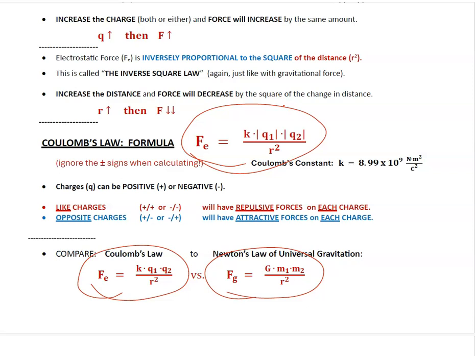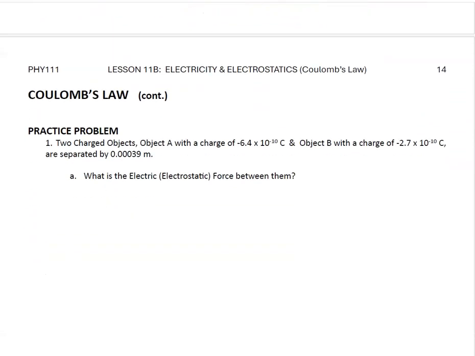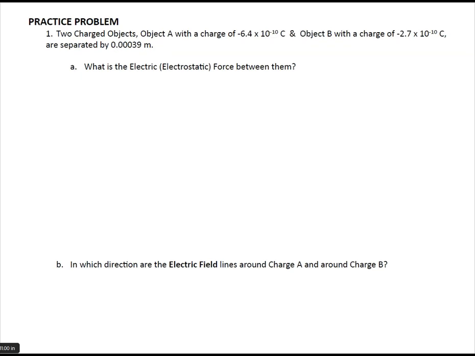All right, so let's take a look at a practice problem using Coulomb's law. So this problem states two charged objects, object A with a charge of negative 6.4 times 10 to the minus 10 coulombs, and object B with a charge of negative 2.7 times 10 to the minus 10 coulombs, are separated by 0.00039 meters.